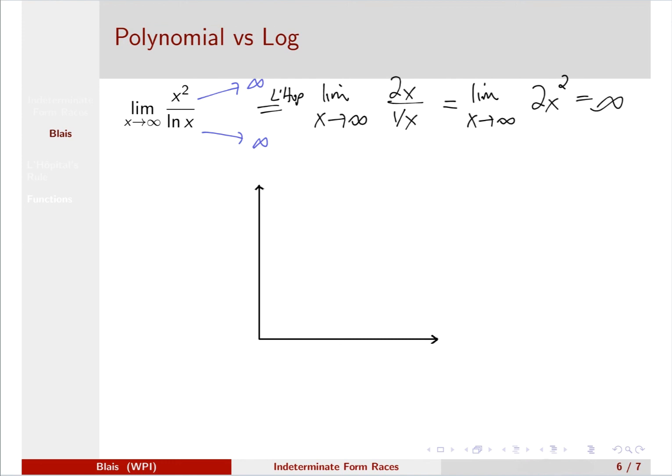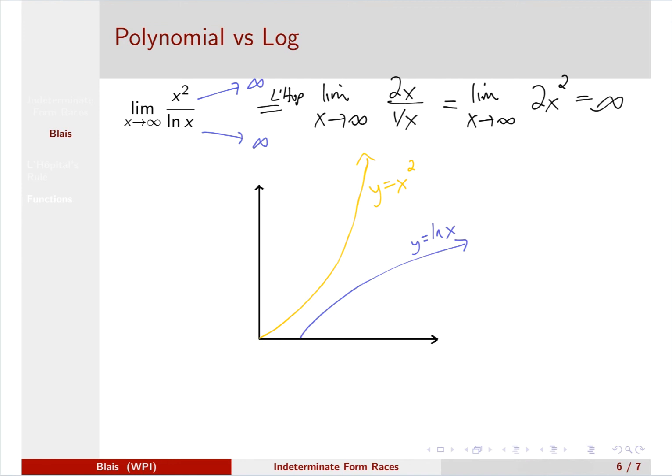And so now we see that our polynomial y equals x squared beats natural log of x in this major way. Again, the pace at which x squared is going to infinity dramatically outpaces the pace at which natural log of x is going to infinity as x approaches infinity.